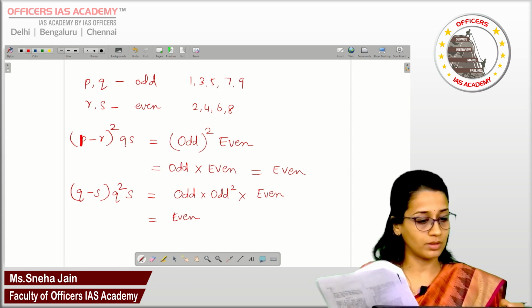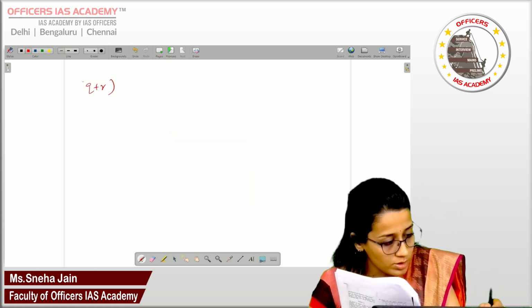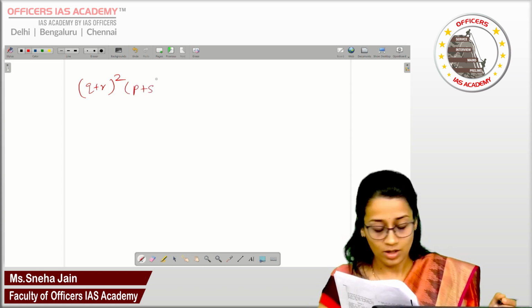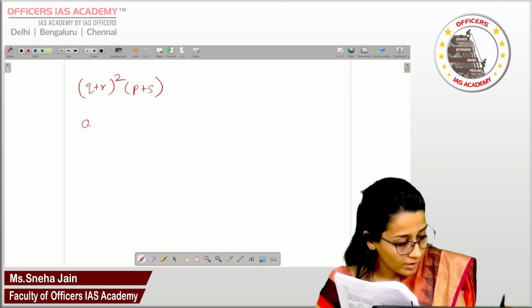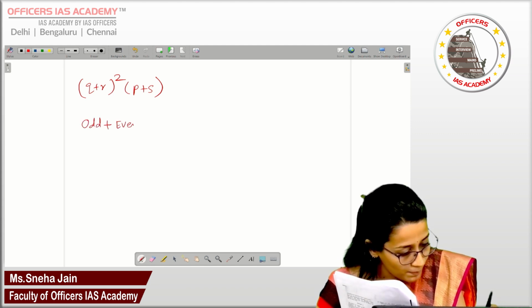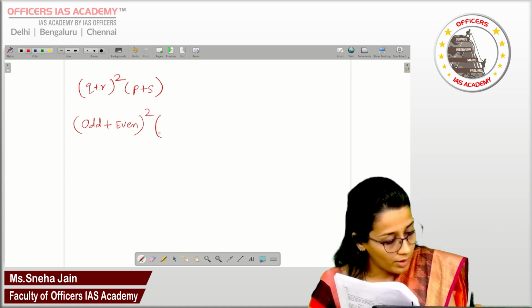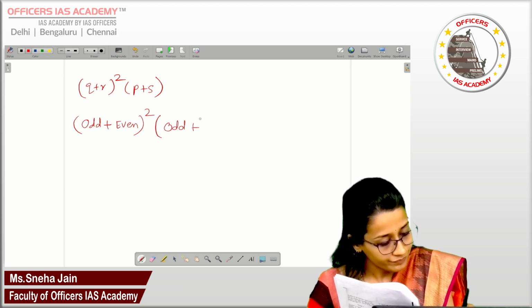Now we move to the third statement, which is Q plus R the whole square into P plus S. Okay, what is Q? Q is odd, plus R is even, odd plus even the whole square into P is odd and S is even.